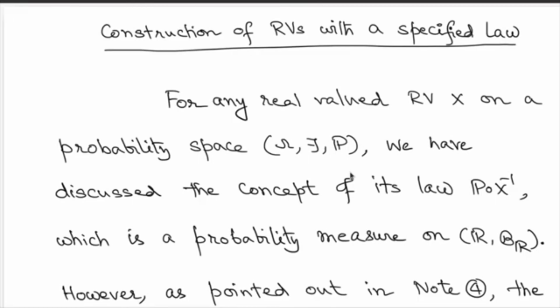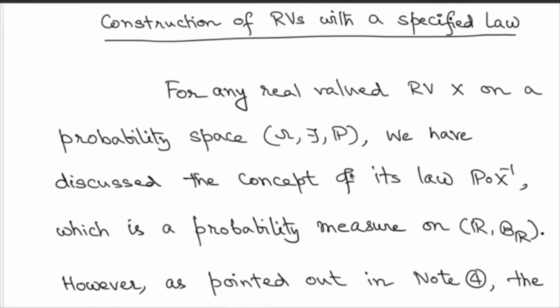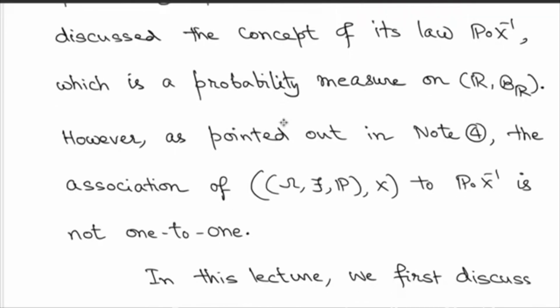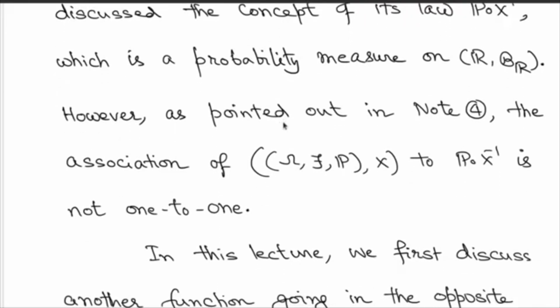For any real valued random variable defined on (Omega, F, P), we get that the law is defined on (R, B(R)), and it's a probability measure. But remember that this association, starting off with a probability space and a random variable and going to its law, is not one to one.